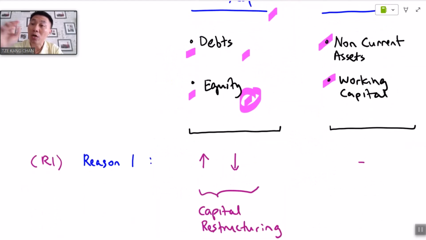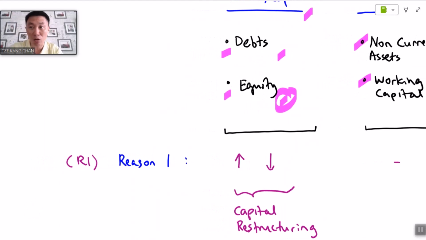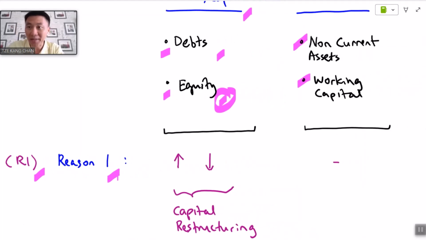Let's explore two main reasons why businesses raise long-term financing. Reason one, denoted by R1, indicates an increase in one of these long-term financings, either debt or equity, but the additional funding raised will be mainly used to pay off or return money to the original group of investors.